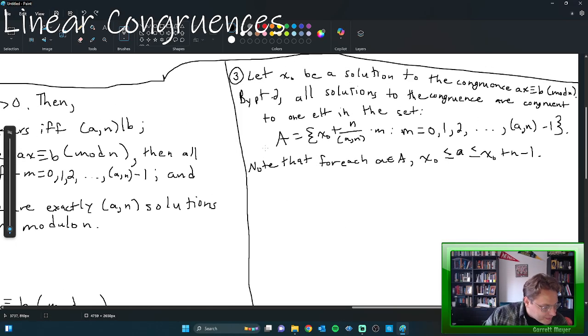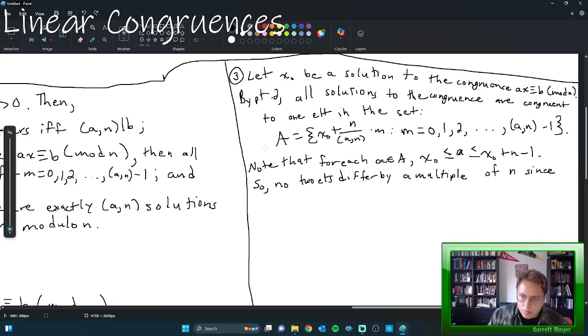So no two elements differ by a multiple of n, since the interval is of length n minus 1. Okay, so that's one point.